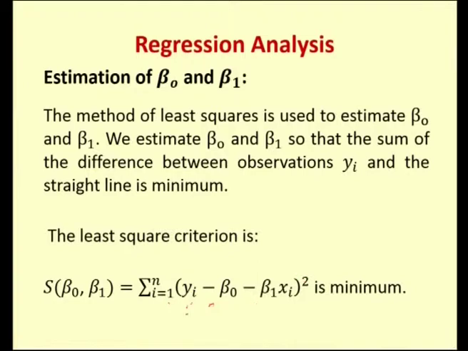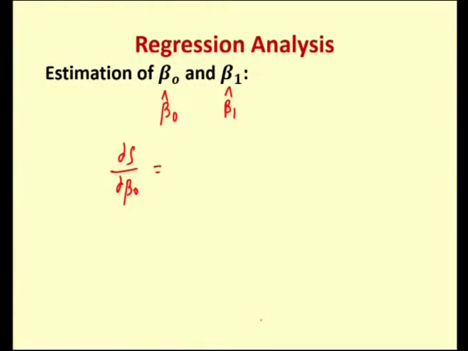So, we have to differentiate partially with respect to beta naught and beta 1 to obtain the estimators. The first equation is dou S by dou beta naught is equal to minus twice summation over i equal to 1 to n of yi minus beta naught minus beta 1 xi, and this is equal to 0.